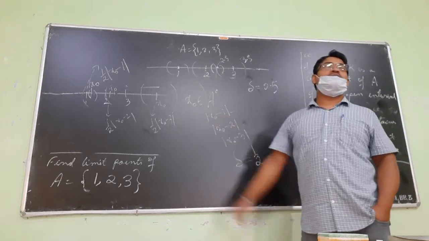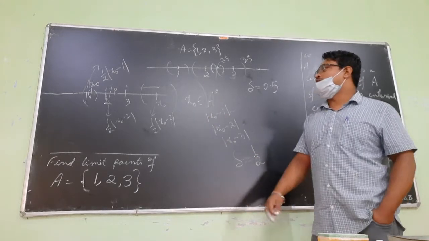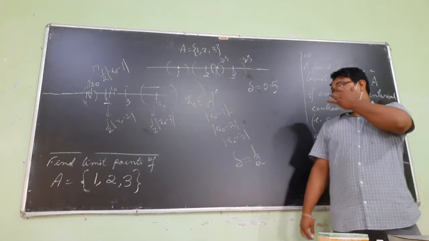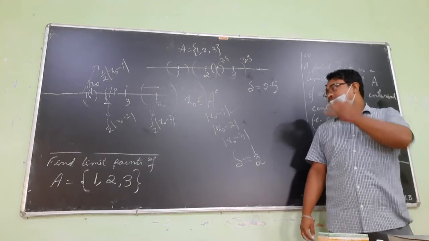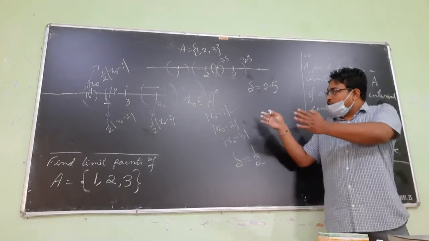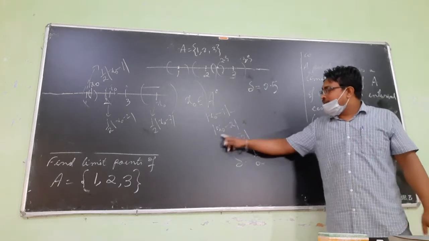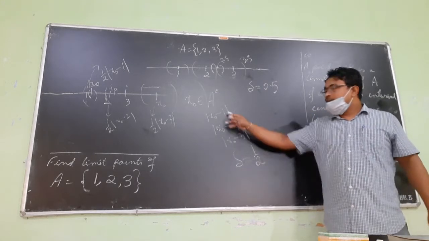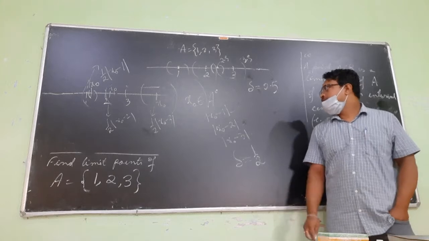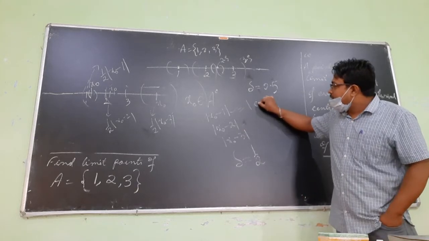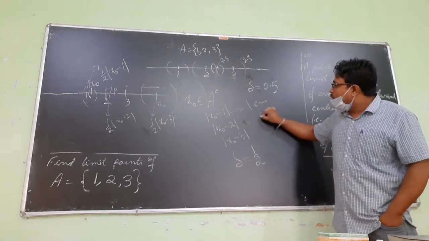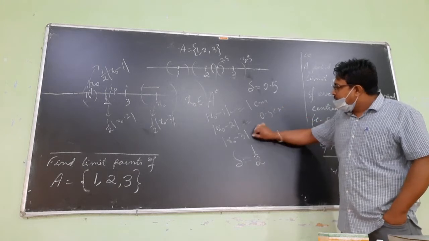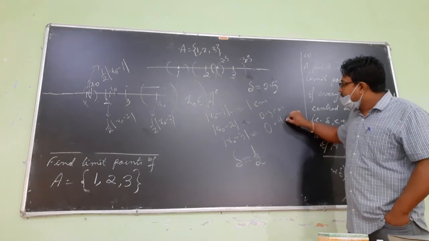That is what I will try to analyze, whether this will be a limit point or not. You start with a point outside this set, and you compute this distance x0 minus 1, x0 minus 2, x0 minus 3. You have these 3 distances. Suppose this is 1 centimeter, this is say 0.5 centimeter, and this is say 0.9 centimeter.